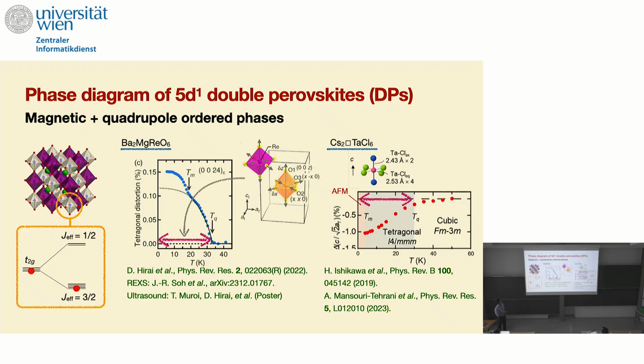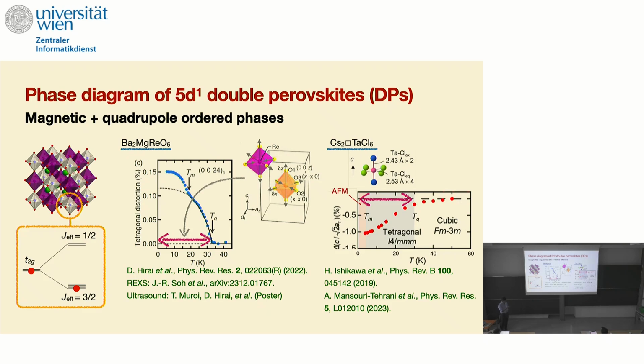And in another 5d1 compound, cesium tantalum 2 chlorine 6, again people observe some structural deformation, which may be interpreted as based on quadrupolar ordering. And at low temperature, they obtain an antiferromagnetic phase.